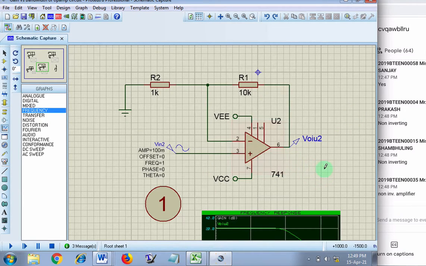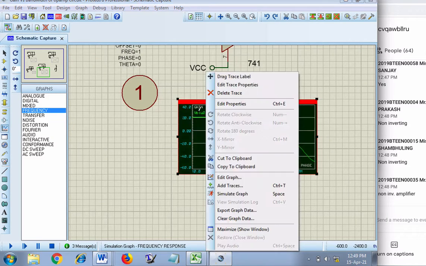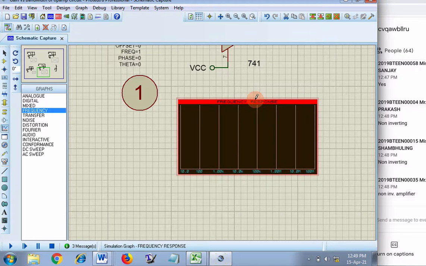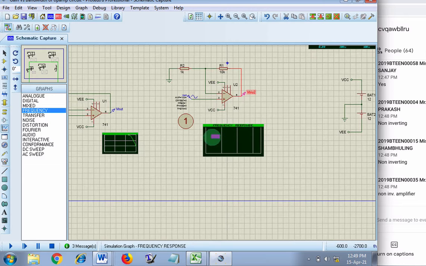So we will find out the plot of this also. Let me go through this, and I will double click here so that the signal will go away, and then I will once again add this signal, drag and drop.